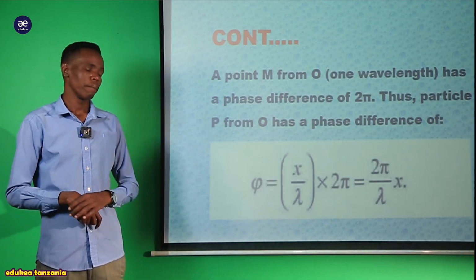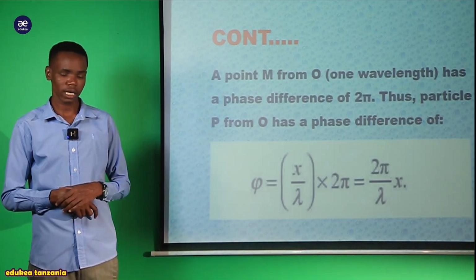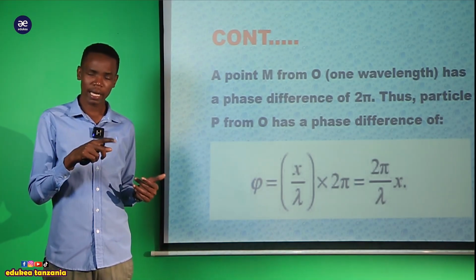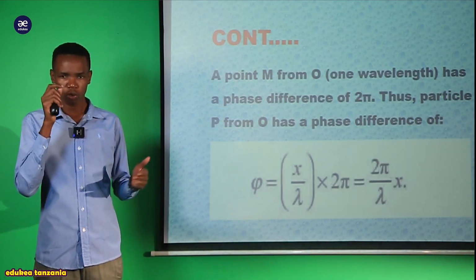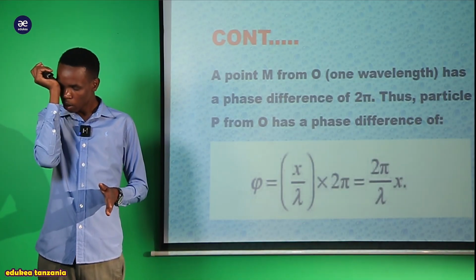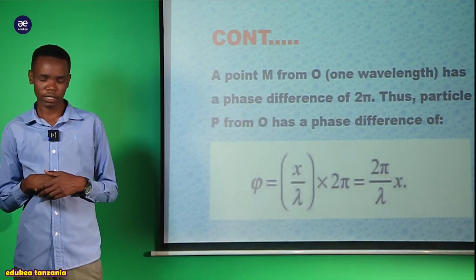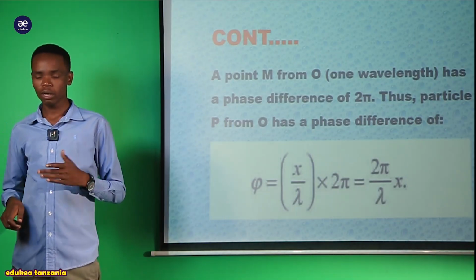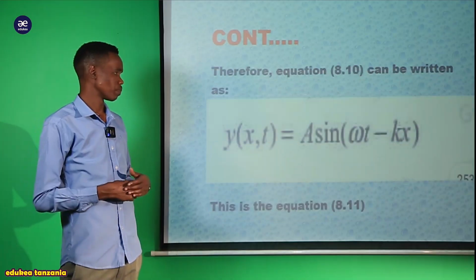Then we times it by the 2π. Finally, we could get that the phase angle must be equal to 2πx divided by the wavelength. Kwa hii ndio kanuni ambayo tutakuwa tunaitumia kuweza kutafuta the phase difference kwa kuchukua 2π alafu x we divide by the wavelength, my lovely students.